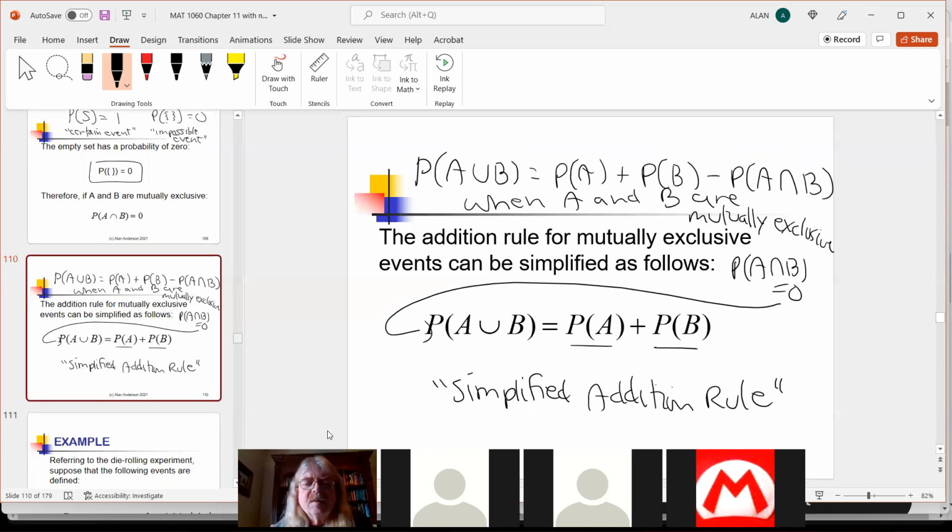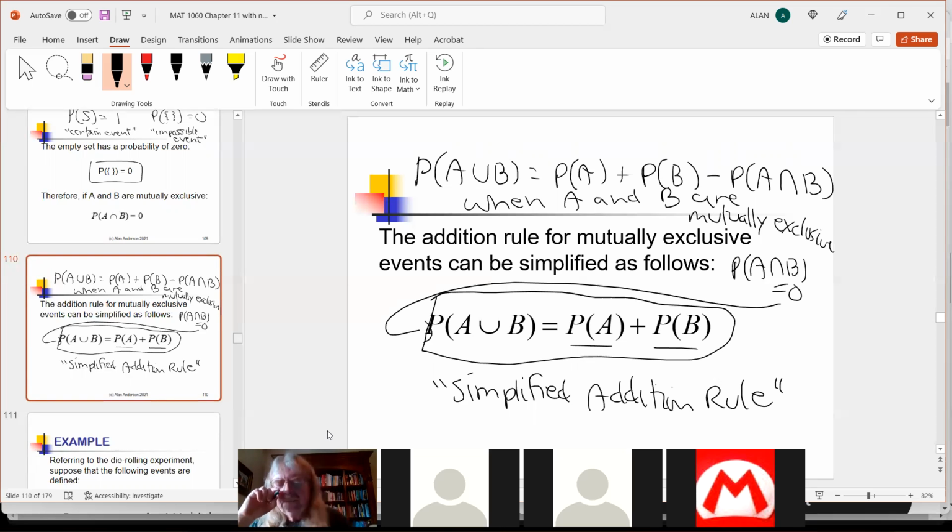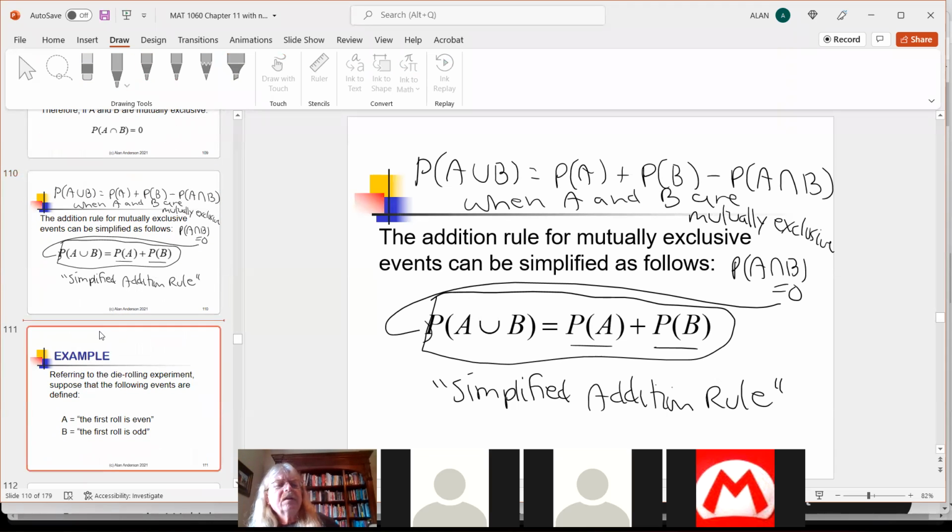So I can simplify this by writing it as the probability of A union B equals the probability of A plus the probability of B. And from now on, we're going to call that the simplified addition rule. But just remember, we can only do this when we know for a fact that A and B are mutually exclusive. It's just a little bit quicker, that's all. If we see that they're mutually exclusive, then we can just add them up. And actually, let me throw in here a new Venn diagram so you can see why this is happening.